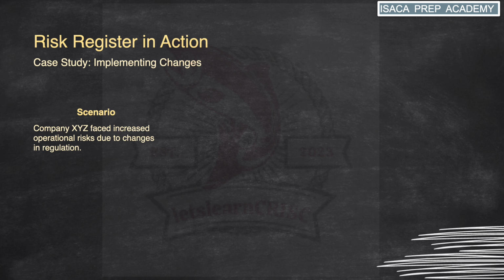Additionally, company XYZ should establish monitoring mechanisms to track the effectiveness of its risk mitigation strategies over time, conducting regular reviews and assessments to remain proactive in identifying emerging risks and adapting its mitigation efforts accordingly.